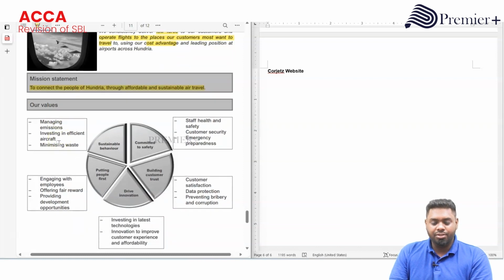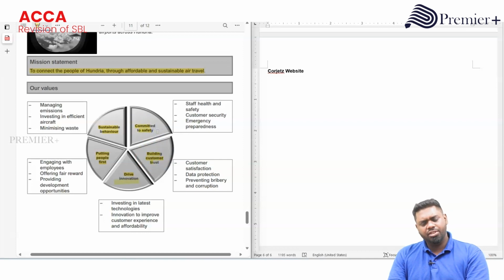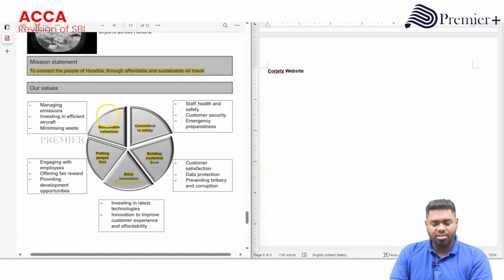What about their values? So they have 5 major values. One is sustainable behavior. Next, putting people first. Drive innovation. Building customer trust. And committed to safety. So how are they driving these values? When you look at sustainable behavior, managing emissions, yes, carbon emissions are now managed.